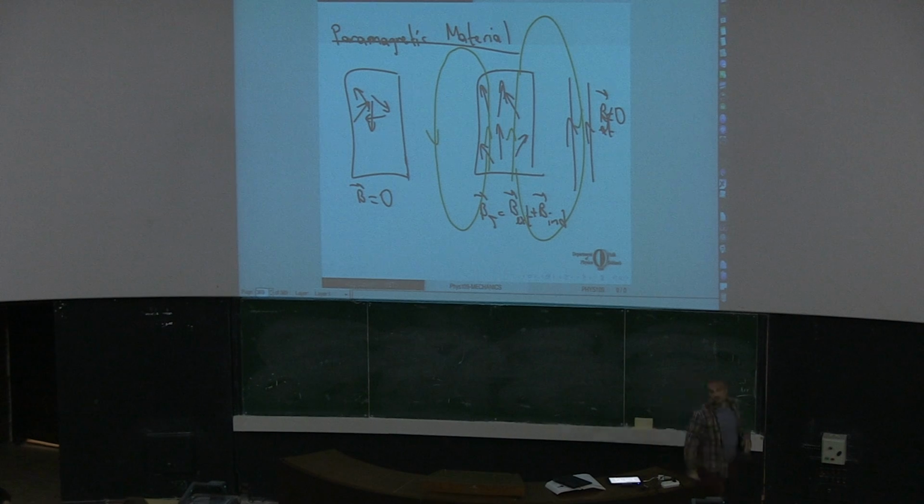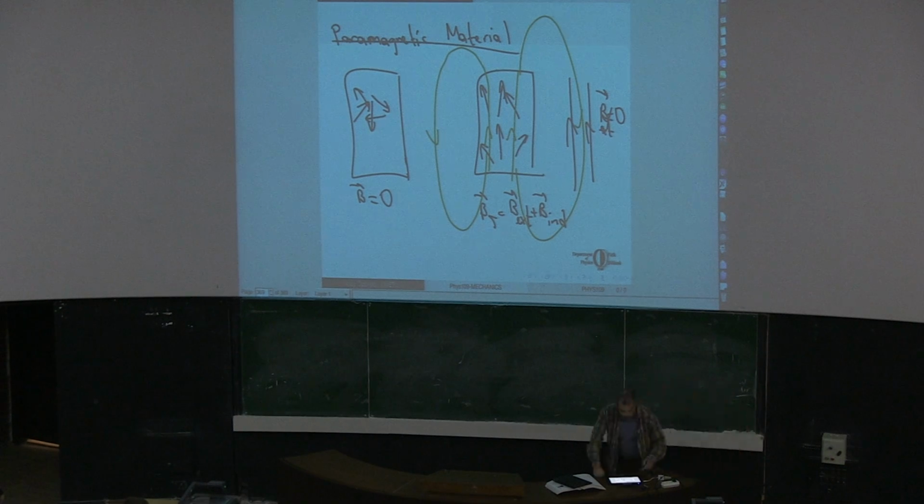And this also means that in the material the magnetic field will be stronger, because I have this external magnetic field plus the magnetic field that is induced by these magnetic dipoles. They are both pointing more or less in the same direction. Outside, they will be pointing in the opposite direction, so there will be more magnetic field lines inside than outside.